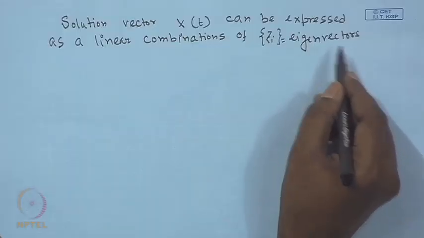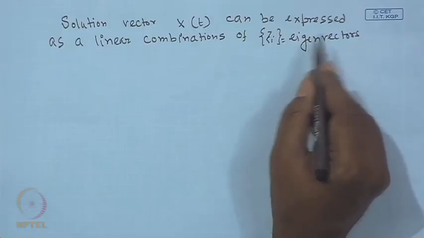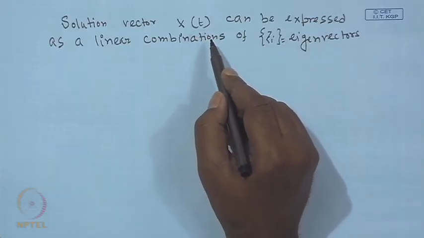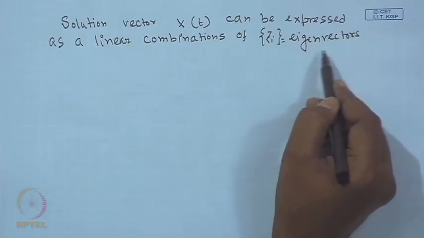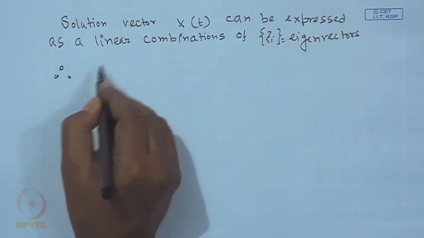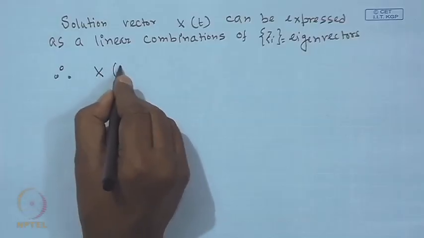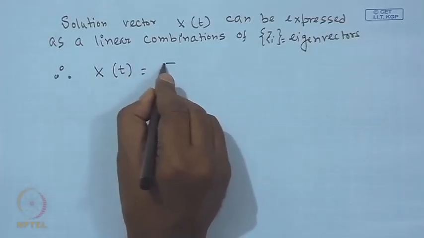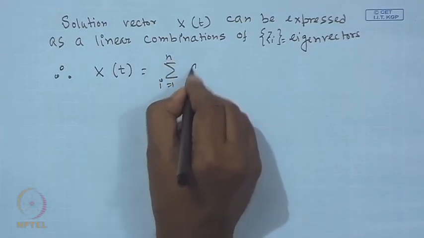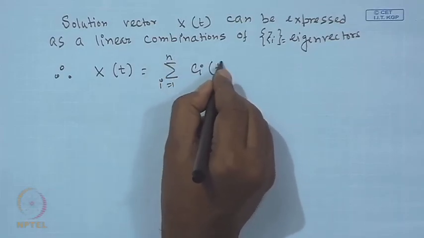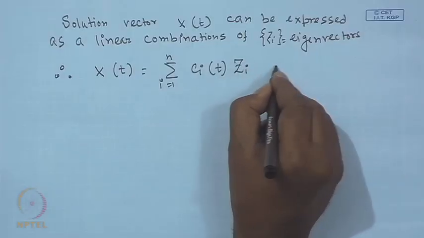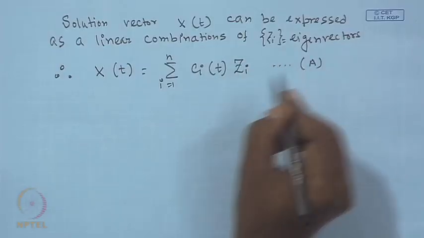So, eigenvectors form a basis set. That is the reason the solution vector, belonging to the same space, can be expressed as a linear combination of the eigenvectors. So, we will be able to write x as a function of time as summation i is equal to 1 to n of c i, some constant multiplier which may be a function of t, multiplied by z i. This is, let us say, equation number A.